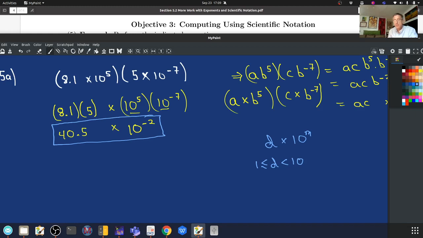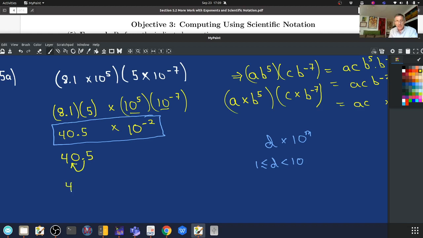So what I have to do here is transform my 40.5 by moving the decimal one place over.